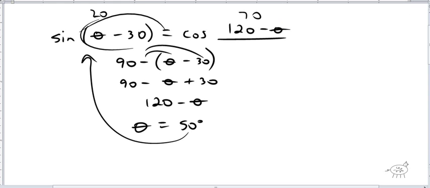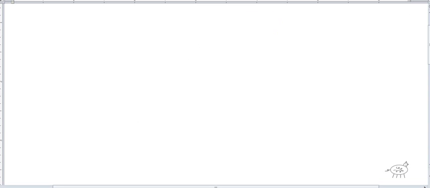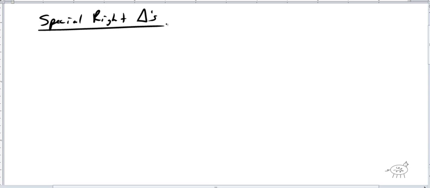Okay, so let's talk about special right triangles now. Very special right triangles. You guys have seen these before. That's a bad right triangle, but it's okay.